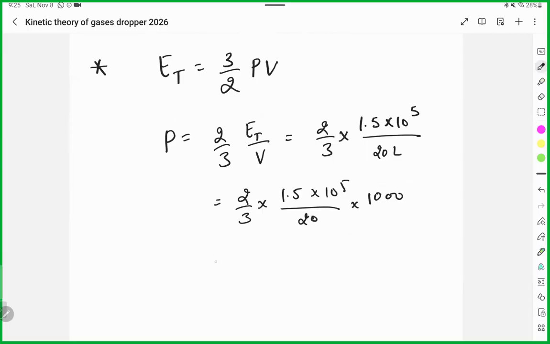Then you can calculate. Tell me, you got the same answer. If you remove this 1 point, it will become 5. 5 to the 10, 10 cancel. It will be 50 into 10 raised to power 5, or 5 into 10 raised to power 6. You got this answer. This is the answer.